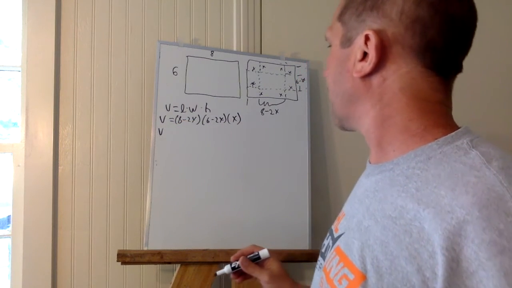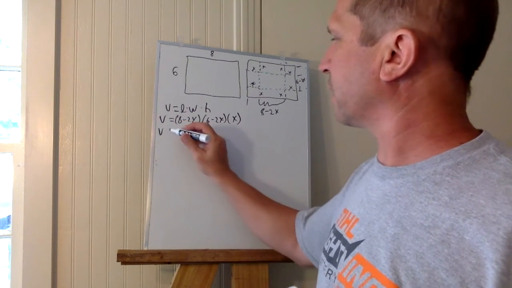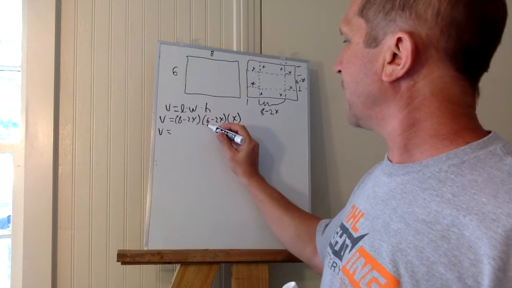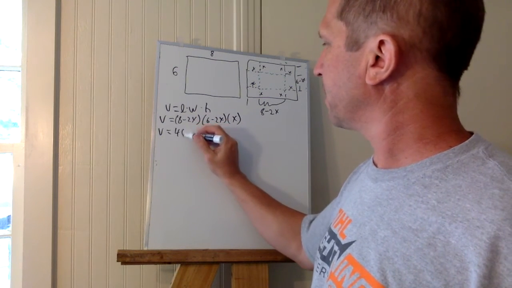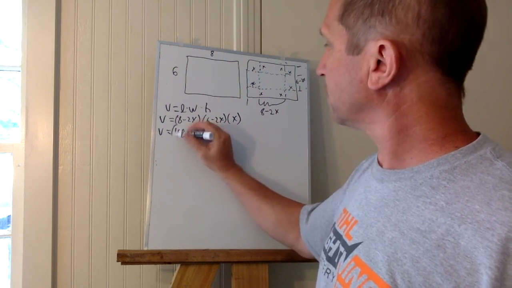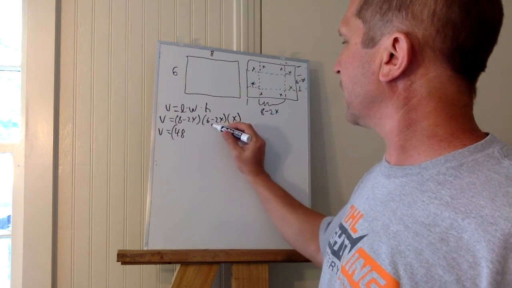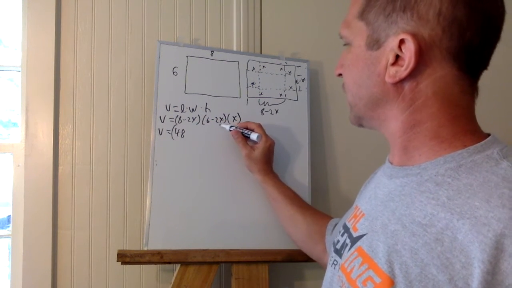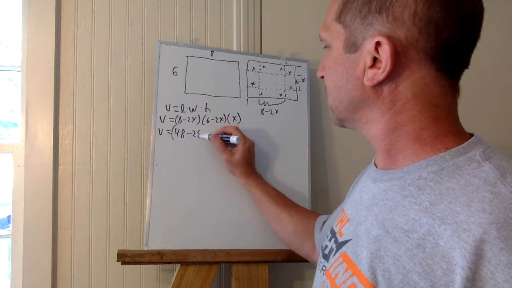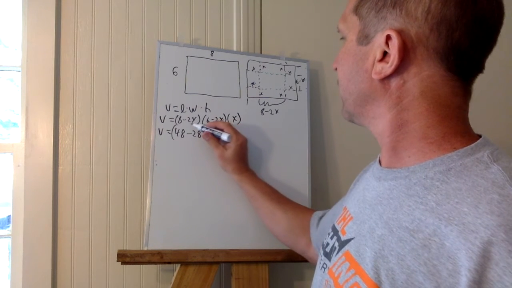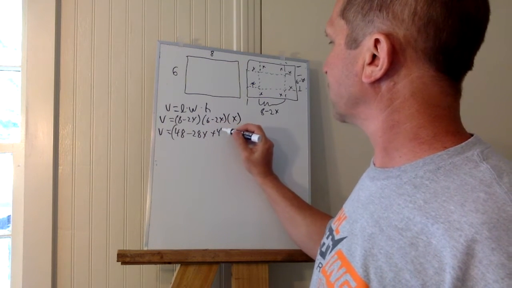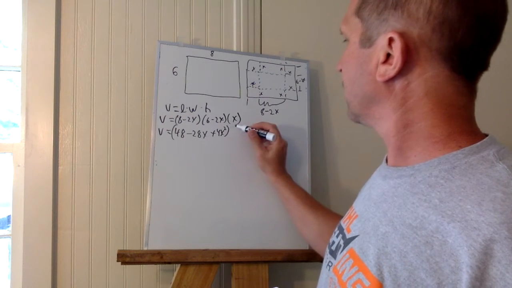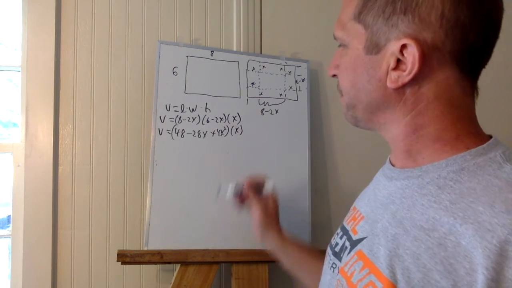Let's just go ahead and tackle it. 8 times 6 is 48. We got negative 12x with negative 16x. That's negative 28x. And then plus 4x squared. And it's going to be times this x on the outside.